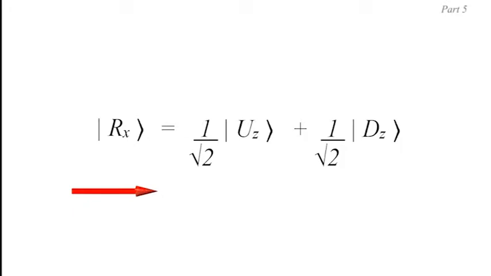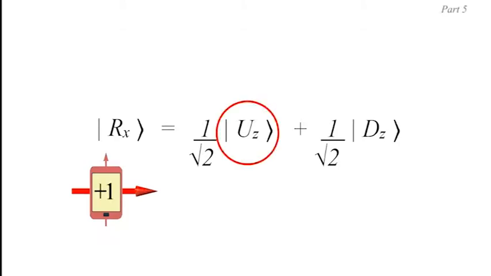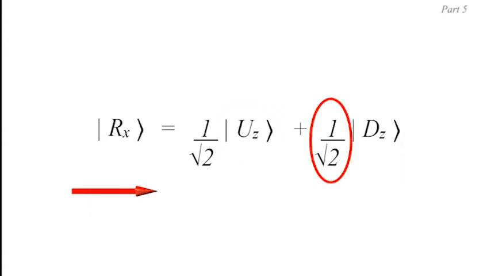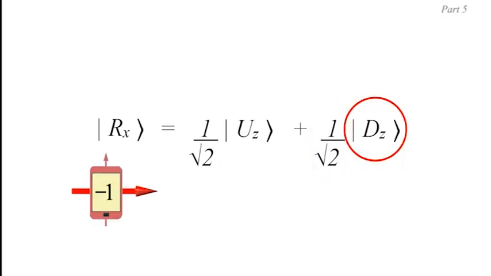It's a spin pointing definitely in the x direction to the right. But if you then measure the component of that spin in the z direction, there is a 50% chance, probability a half, that it will give the answer to that spin as being up in the z direction. Similarly, of course, the coefficient of the down vector is 1 over root 2. So again, square that, there's a 50% chance that it would be measured as spin down.